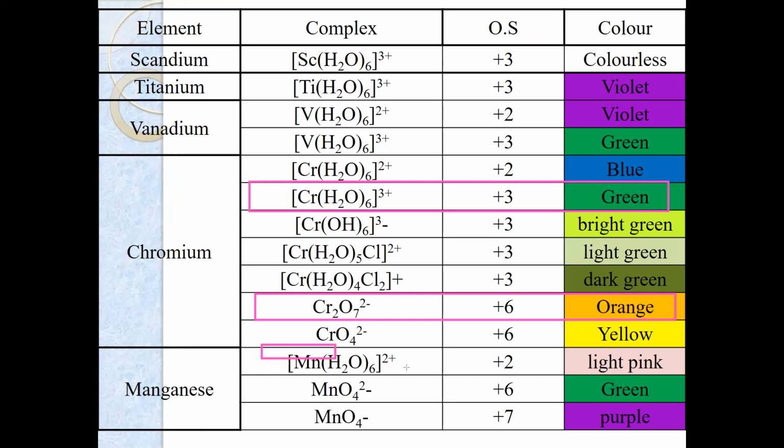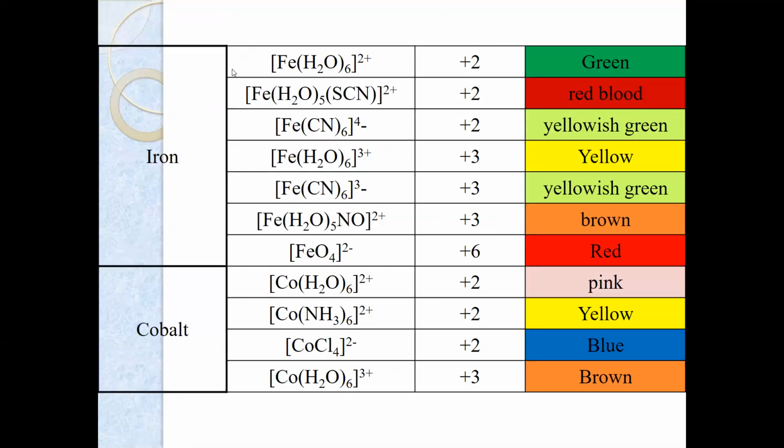And then [Mn(H2O)6]2+ is actually Mn2+. Mn2+ is light pink, and MnO4- is purple to light pink, the permanganate ion. Other than these colors that you try your best to memorize, there is iron. For iron, you have three colors that you have to memorize.